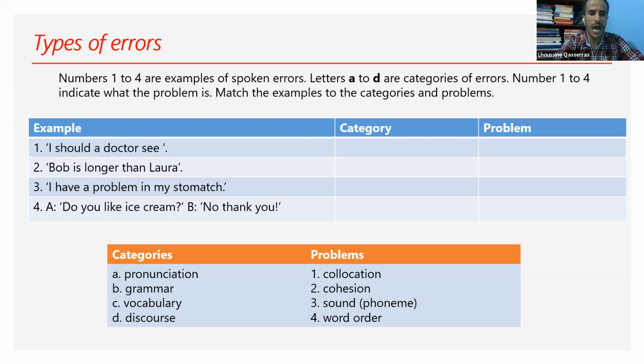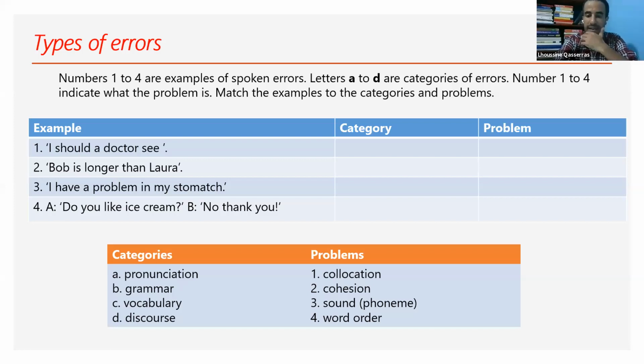Now, I have a problem in my stomach. I still remember when I taught beginners, they say stomach all the time, mispronouncing it. So most of you answered A, number 3. Sirin said pronunciation and phoneme.